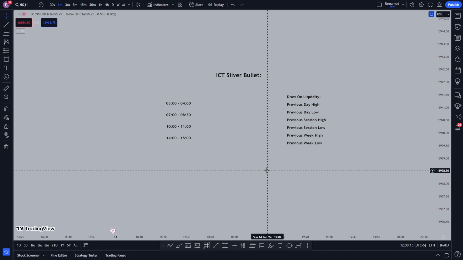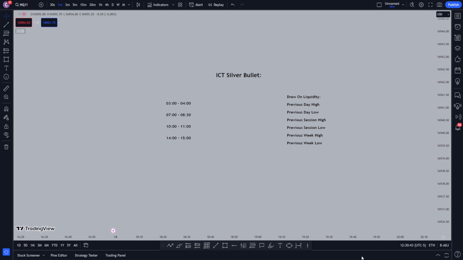Now the things you're going to be looking at within these time windows is you're going to be having a drawn liquidity to be aiming for. So that'll be previous day's high, previous day's low, previous session's high. So that could be London session, Asian session, previous AM session, previous PM session, that type of thing, the previous lunch high or low.